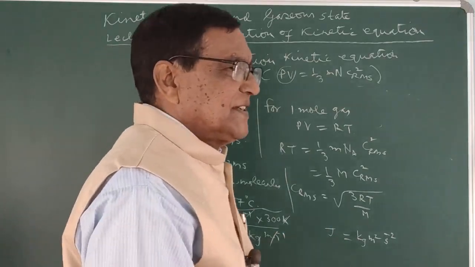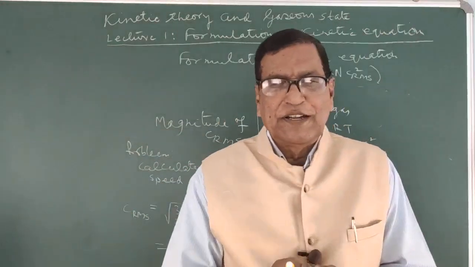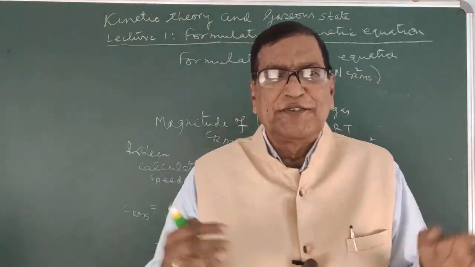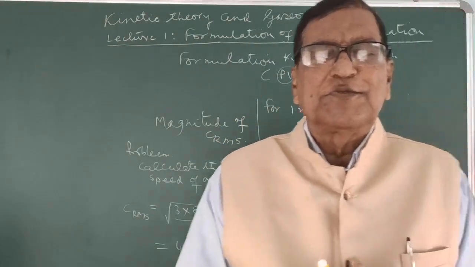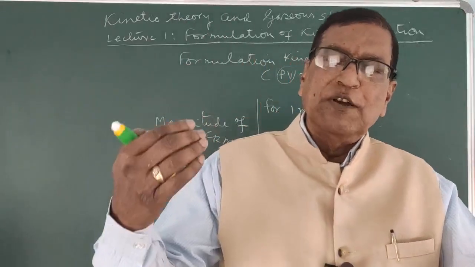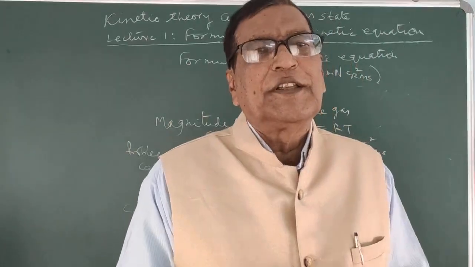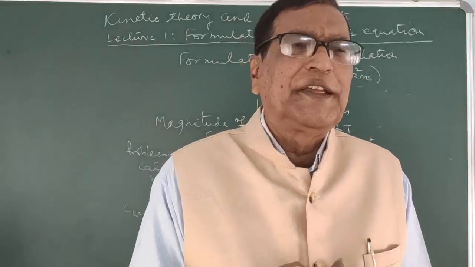So the oxygen molecules are moving around us. We are in a sea of this oxygen and nitrogen gas. Oxygen gas molecules are also colliding on the surface of the human body.